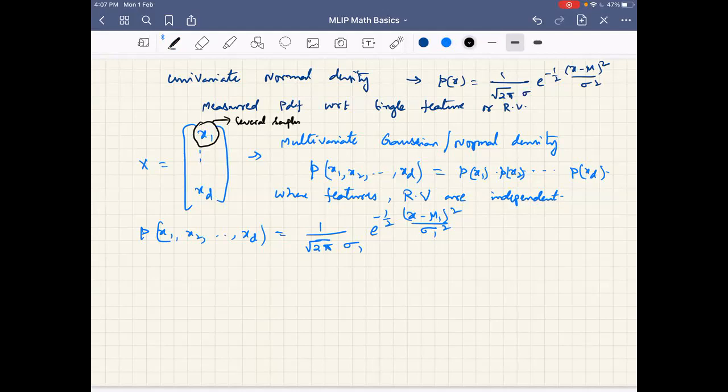This one is the feature index or random variable index.